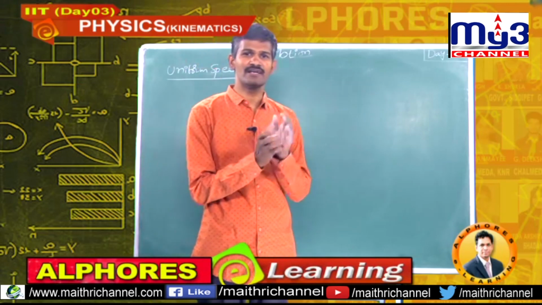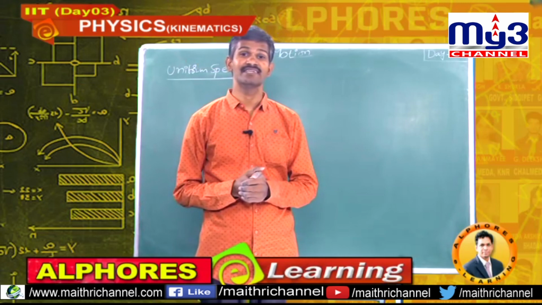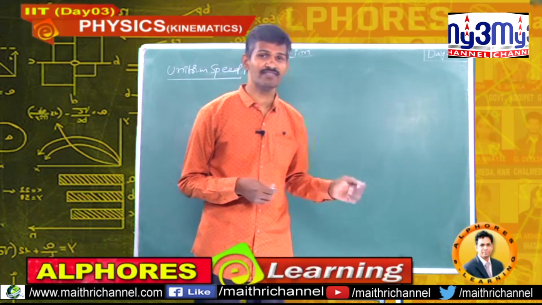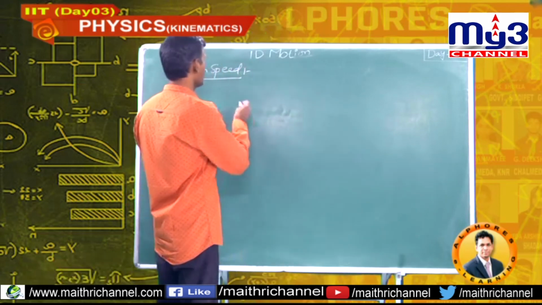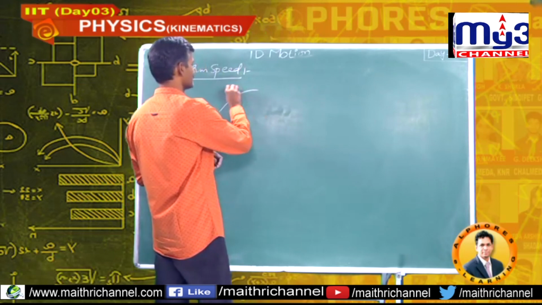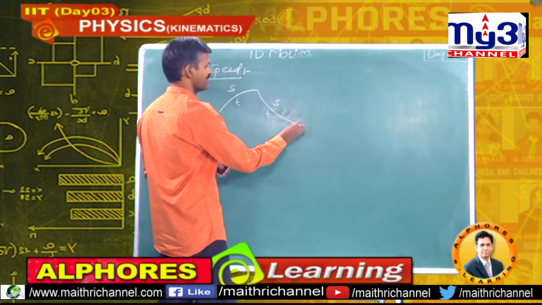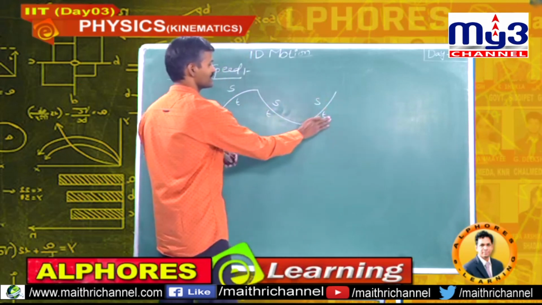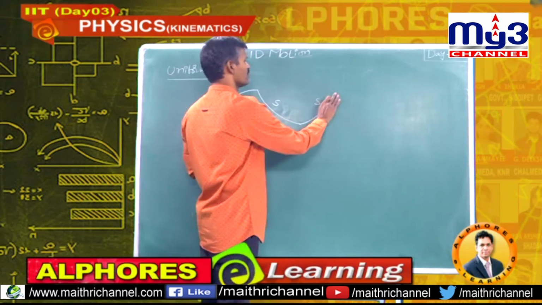If a body covers equal distances in equal time intervals, then that body is said to be in uniform speed. For example, if a body covers some distance s in time t, and again s in time t, and again s in time t, then that body is in uniform speed.